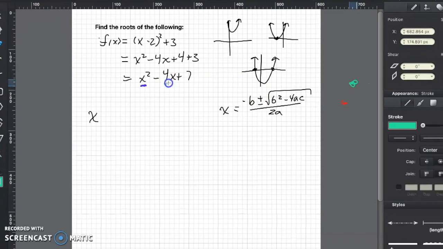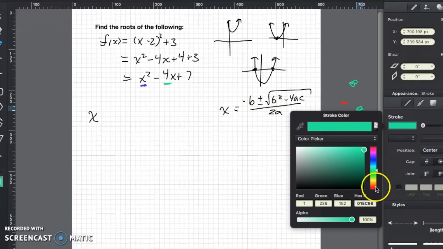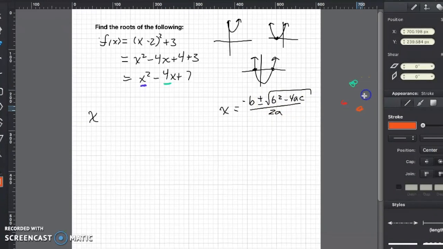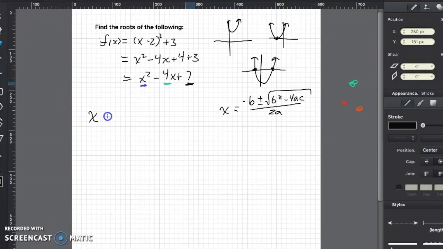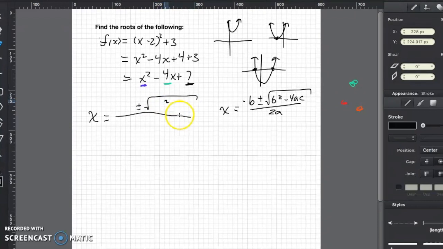We'll make that green. And let's go ahead and draw a C section in orange. So we have our three parts there. Let's start with the B's, actually let's start with blacks. We'll go plus or minus. I'm going to put on all the minutia stuff: squared, minus 4, all over 2 negative.